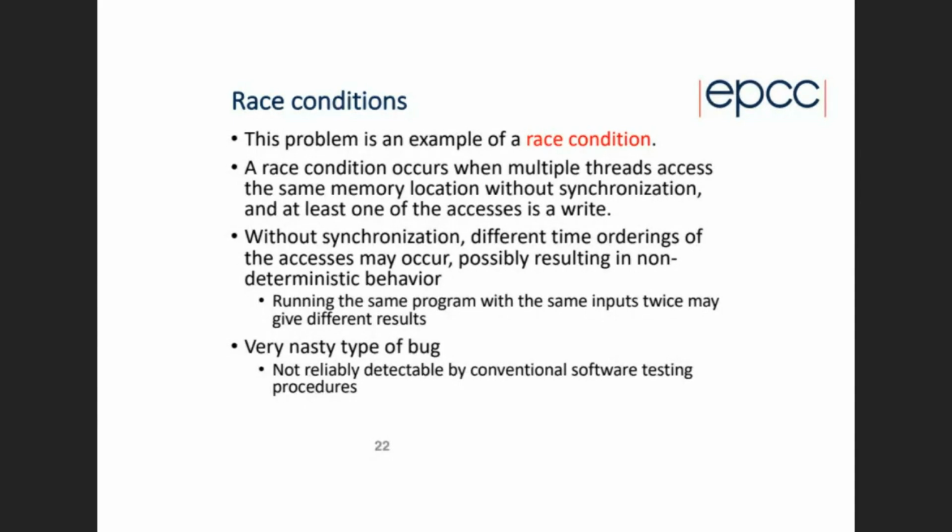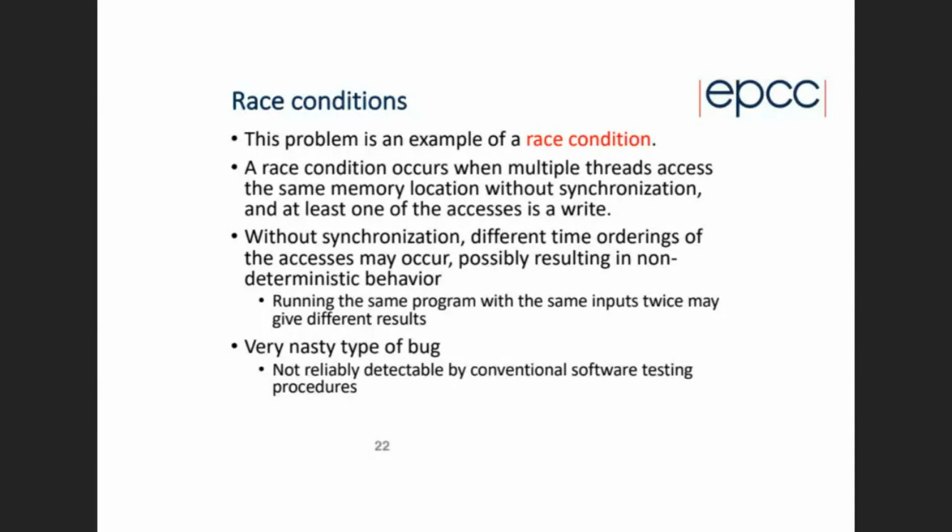and that possibly results in non-deterministic behavior of your program. This is very unpleasant, because what it means in practice is that running the same program with the same inputs twice may give you different results. So it's a very nasty type of bug. It's worse than your normal sequential programming bugs. In particular, it's not reliably detectable by conventional software testing procedures.